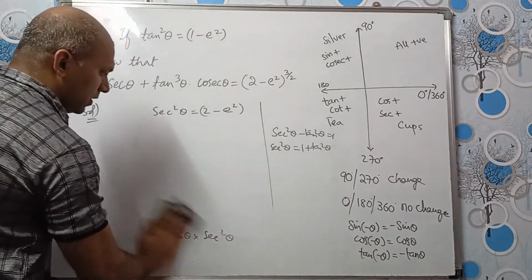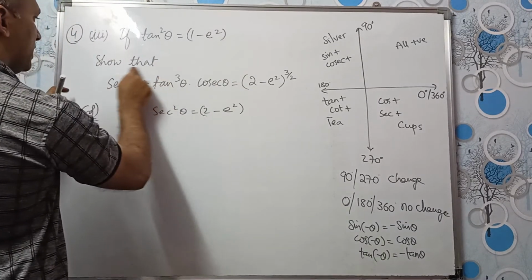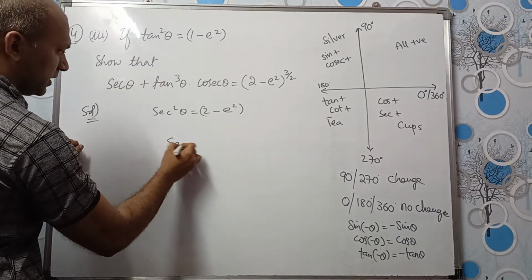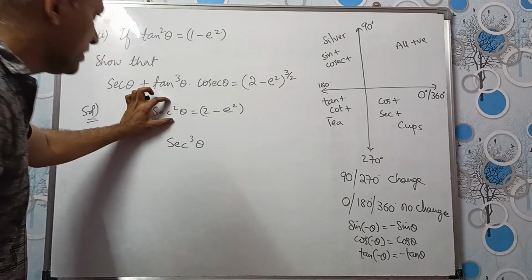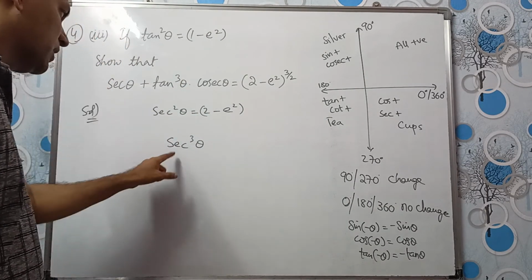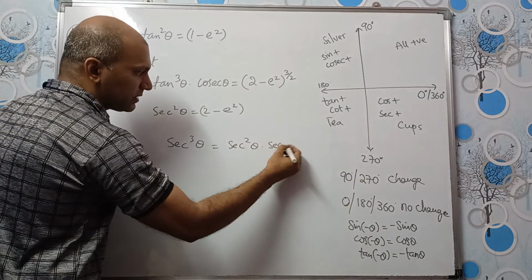Okay. Alright. So this whole part, this LHS part, is equal to how much? It is equal to sec³ θ. But we have sec² θ as 2 − e². How can we write the cube? See, how can we write sec³? Let us write it like this.